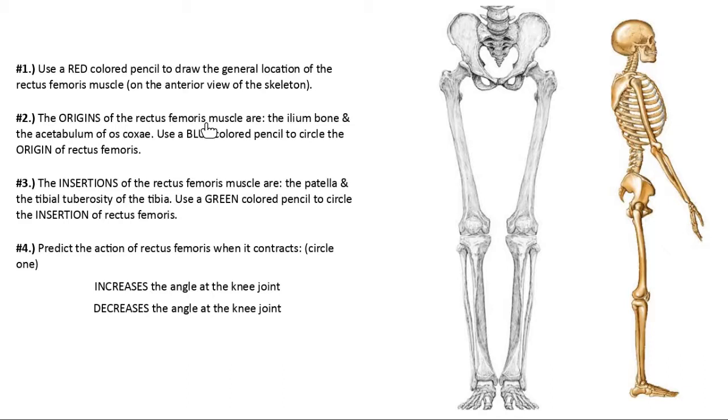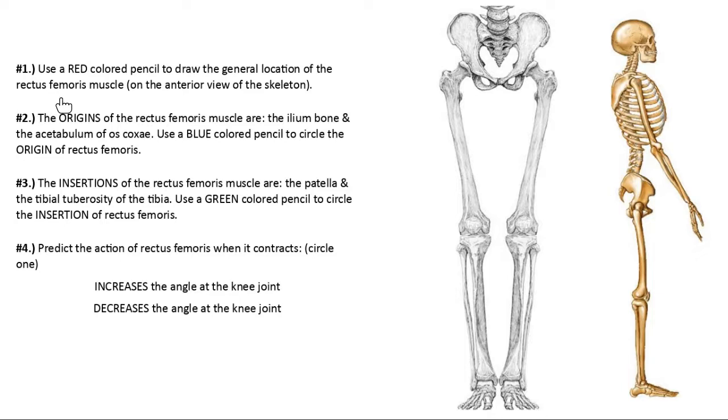It's making you remember some bone markings, like the acetabulum or the tibial tuberosity. It's making you remember your movement words. So when we talk here about increasing the angle, that would be extension, versus decrease in angle, that's flexion. It's making you remember where muscles are found in the body.